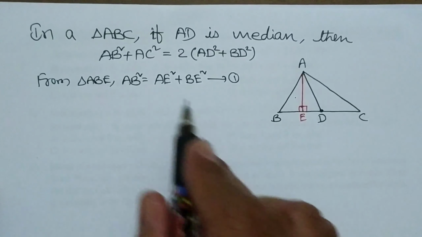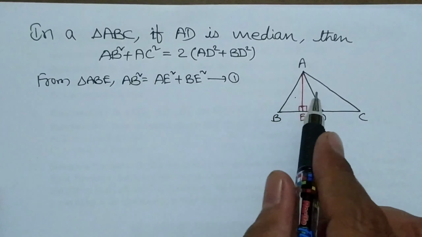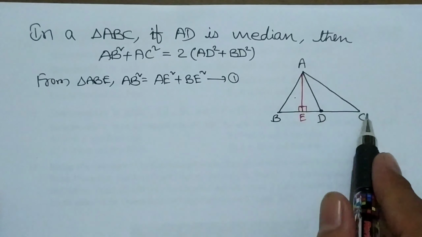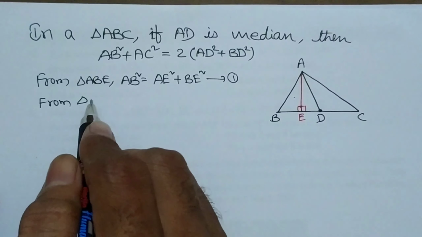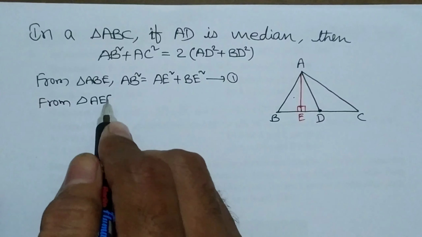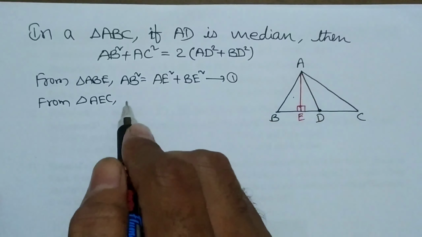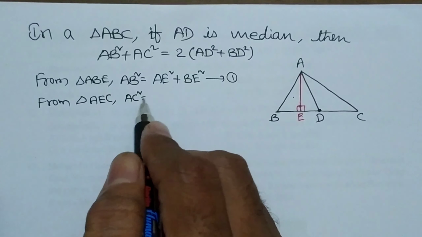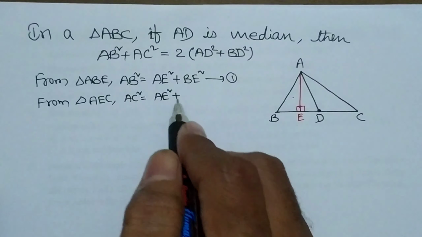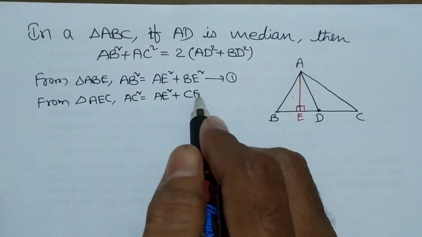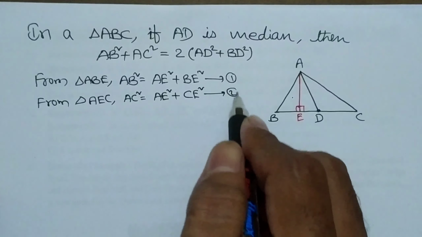Now we need AC square, so let us consider the right angle triangle AEC. From triangle AEC, same by Pythagoras theorem, AC square equal to AE square plus EC square, or CE square. This is equation number 2.